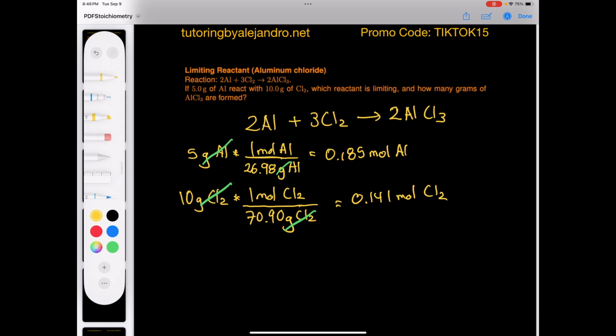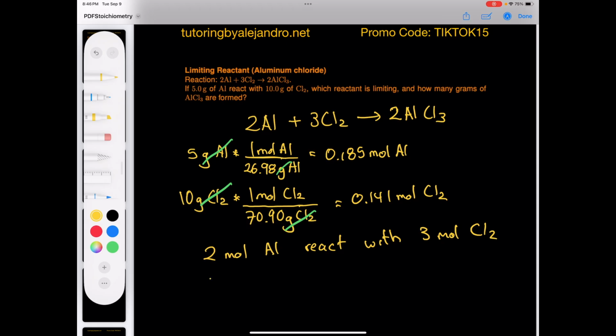So, what we need to do is find out which reactant is limiting. Based on the chemical equation, for every 2 moles of Al react with 3 moles of Cl2. So it's a 2 to 3 relationship.